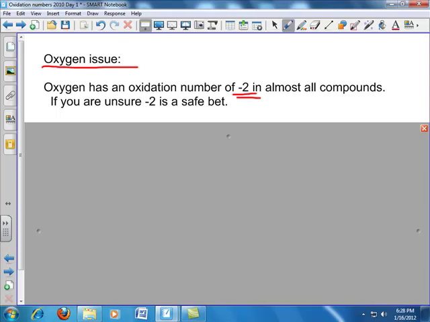For example, let's say I have CrO. I want to know what the oxidation number is of the Cr and the oxygen. Usually when you're finding oxidation numbers, you split everything back apart. If I know the oxidation number of oxygen is -2, and the overall charge has to be 0, then this must be +2.